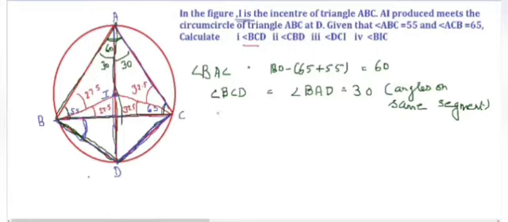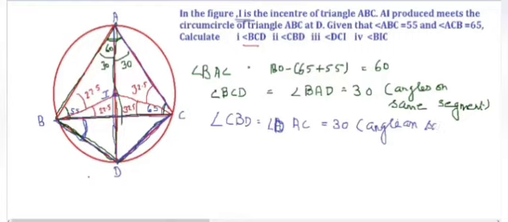So we can write angle CBD is equal to angle DAC, which is equal to 30 degrees. Same reason we will write: angles in the same segment.